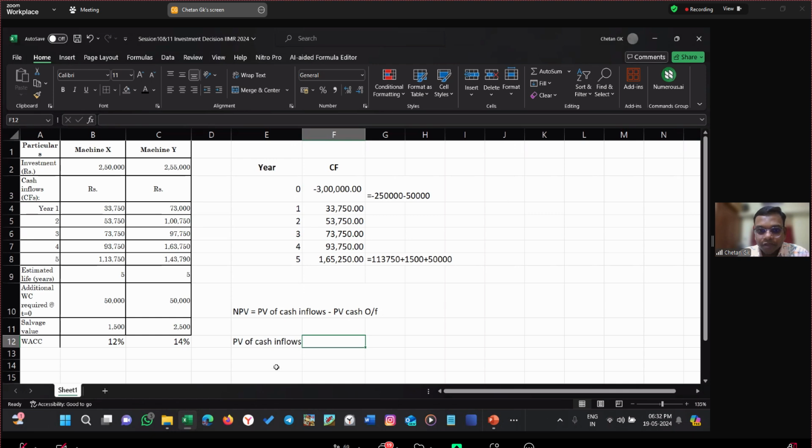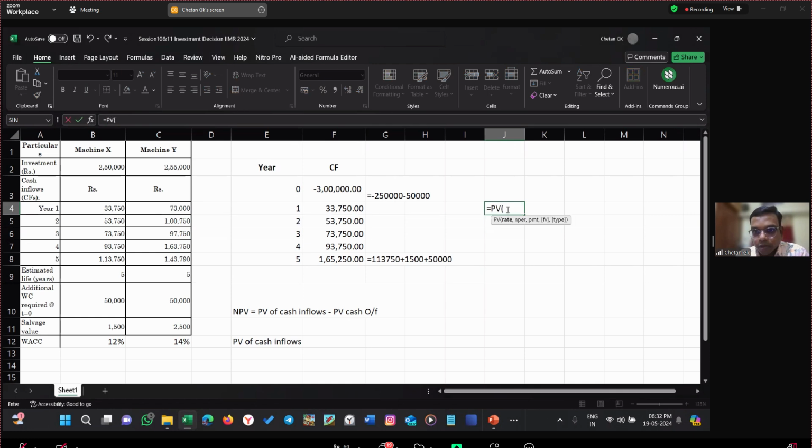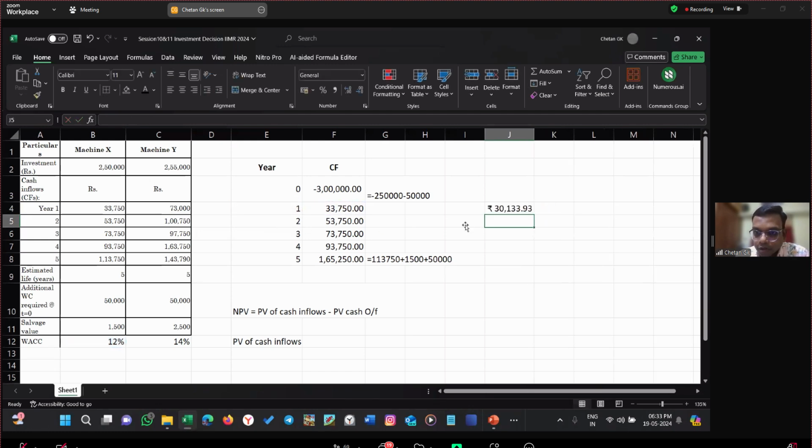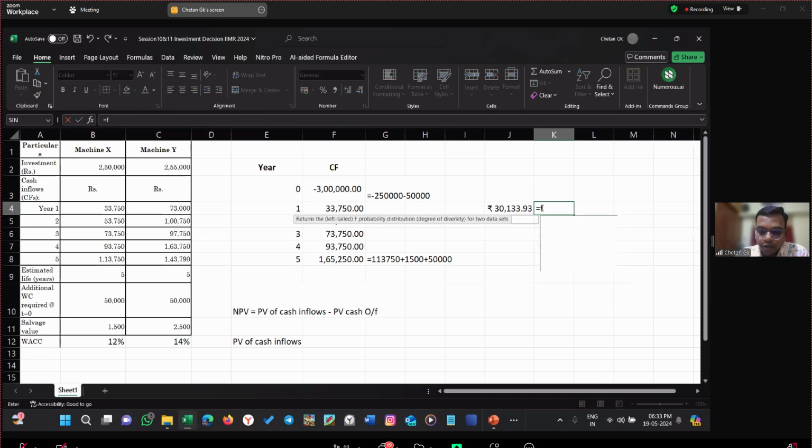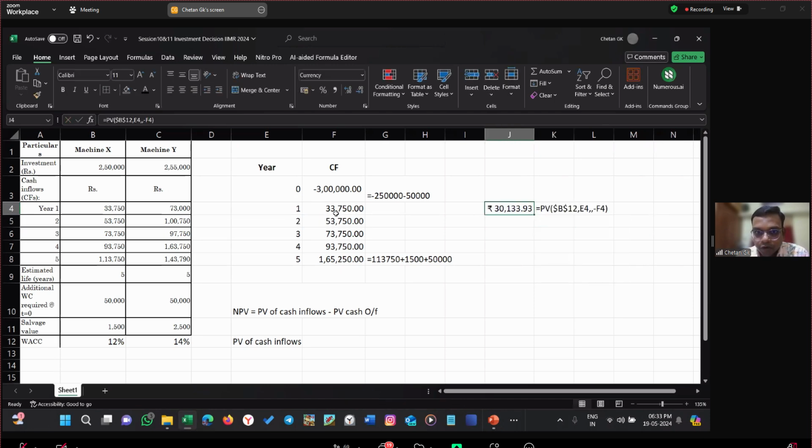Okay, so how to do present value of cash inflows is equal to present value. Rate is how much? 12%, that is fixed. Nper is 1. PMT skip. Minus, this is future value. So we have computed the present value of this one only. So I have to compute the present value of all this now.